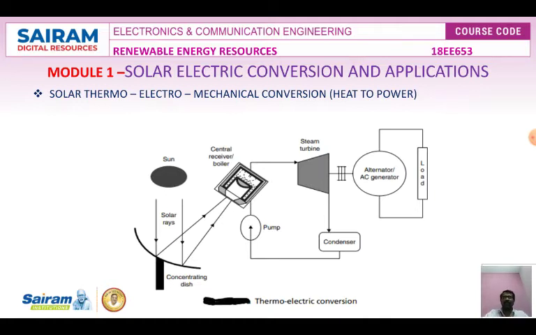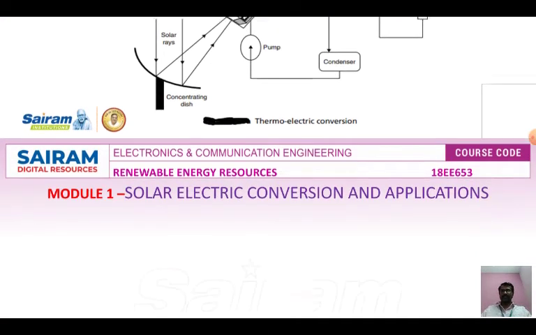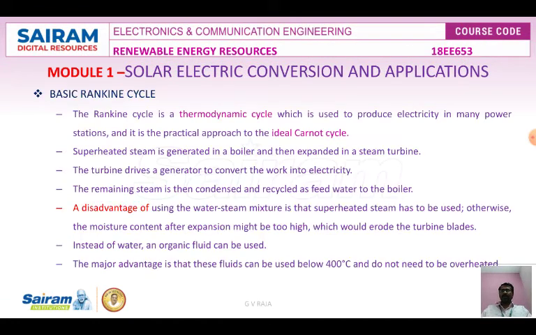That is nothing but solar thermal electromechanical conversion, which means heat is converted into electricity. For that we are using the basic Rankine cycle. The Rankine cycle is a thermodynamic cycle which is used to produce electricity in many power stations.